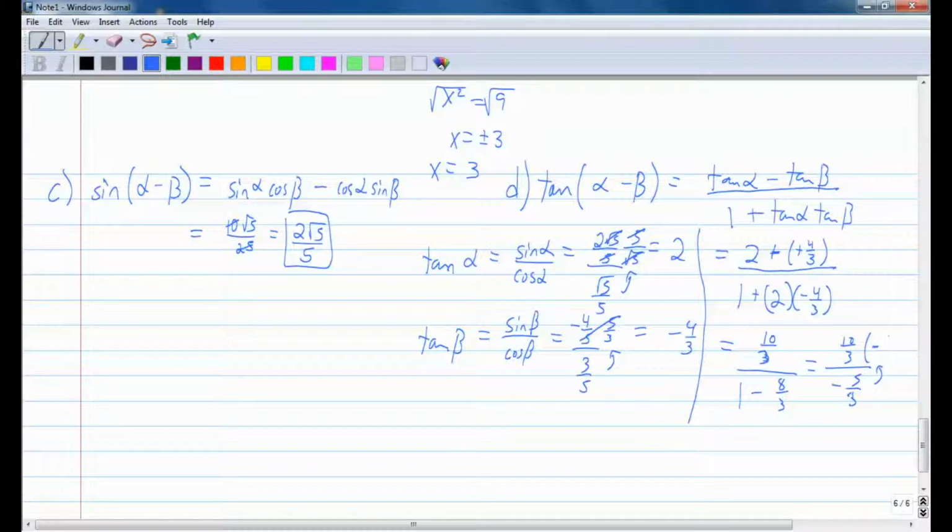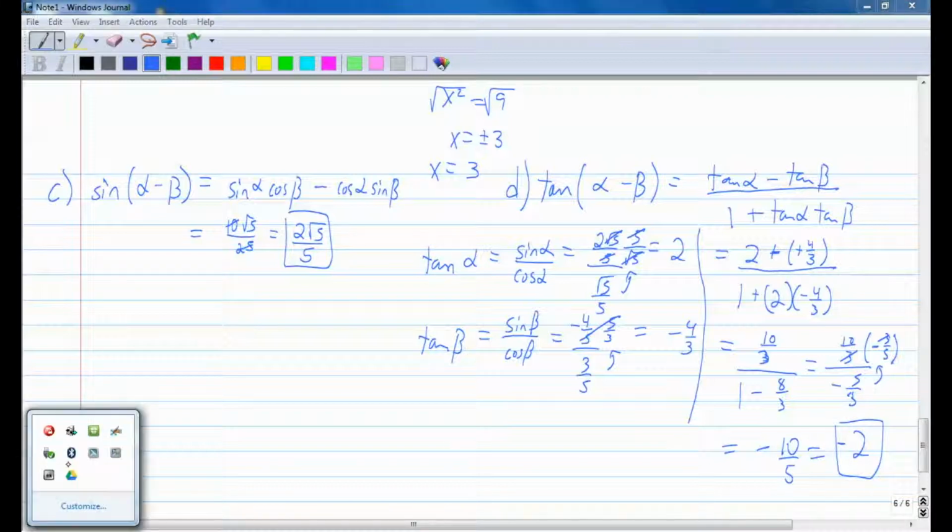So I'll multiply by negative 3 over 5. The 3s cancel out, and I'm left with negative 10 over 5. And so negative 10 divided by 5 is negative 2. Final answer is negative 2.